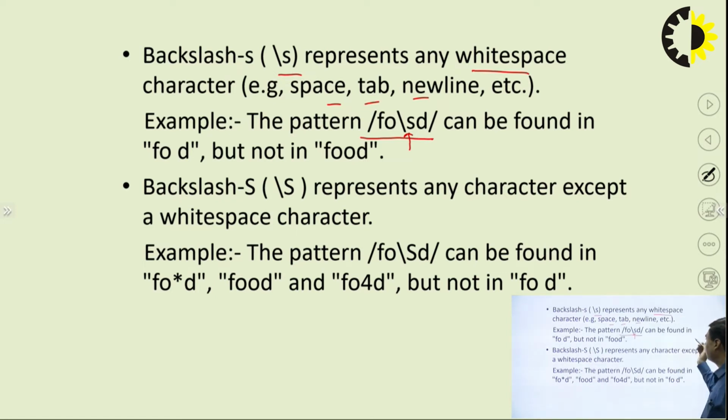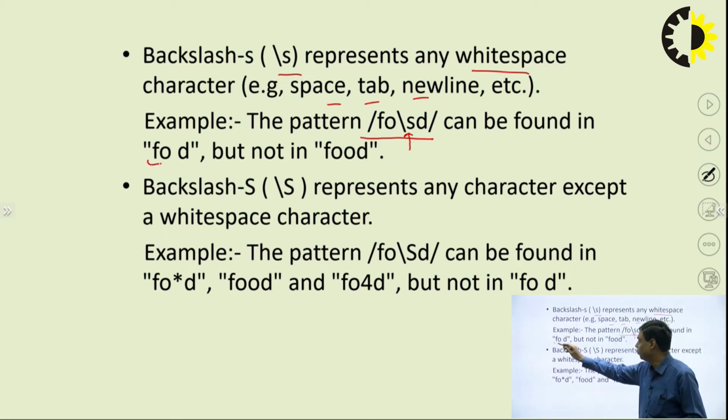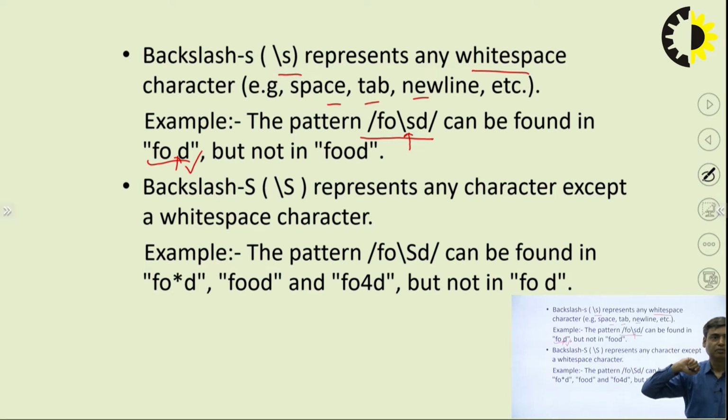So it can be found in the string FOO because here is a space. So this is a valid string. But at this third position, as per the regular pattern, there should be a space, a tab, or a new line, which is not there. There is a letter. So this string is not valid, it is invalid.